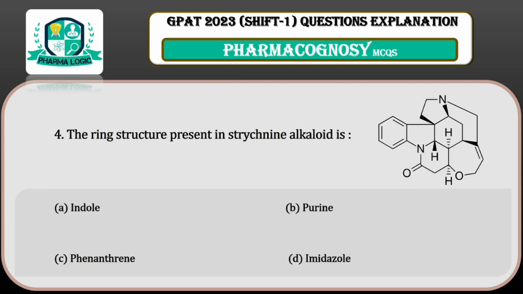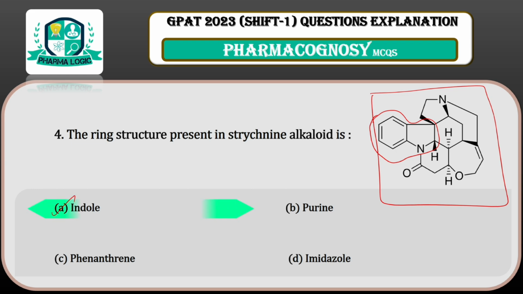Fourth question. The ring structure present in strychnine alkaloid is. This is the structure of strychnine, which has an indole alkaloid ring. So this is the option. Apart from these, vinca and ergot alkaloids are examples of indole alkaloids.